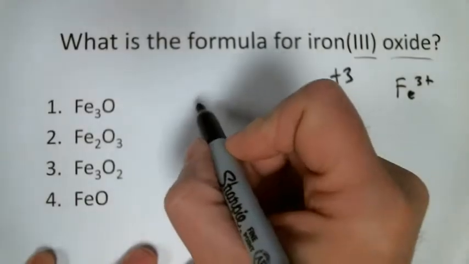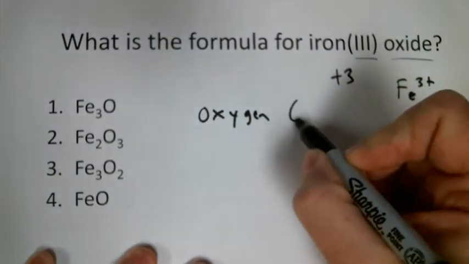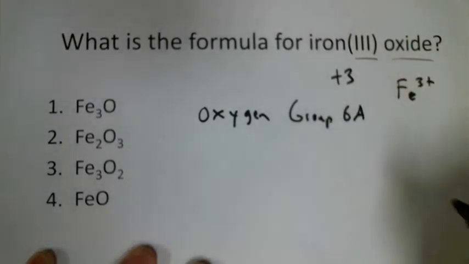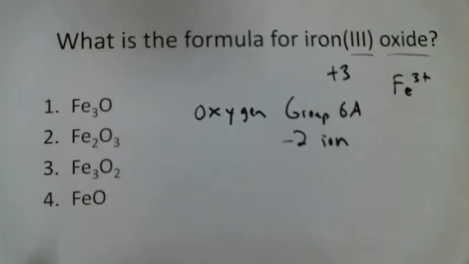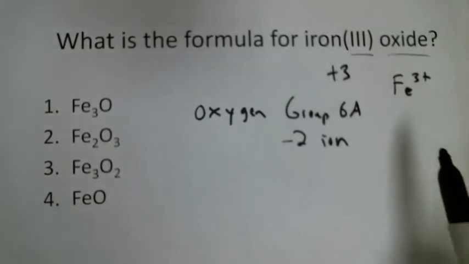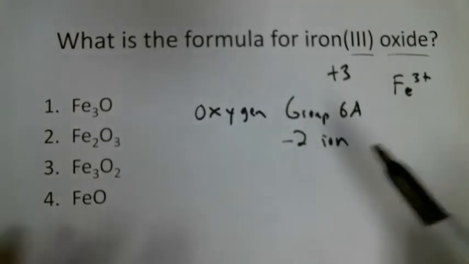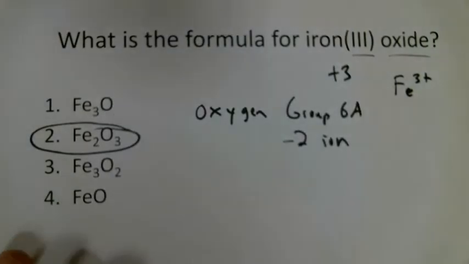So in chapter 2, we just said oxygen is in group 6A, and we're going to know that that's a -2 ion. And we'll just stick it together like that. So iron, if it's +3, this is a -2. It has to add up to 0, so that's going to be this one.